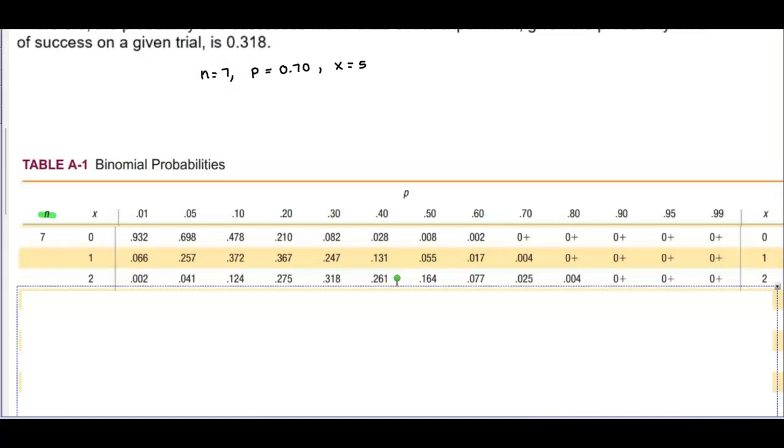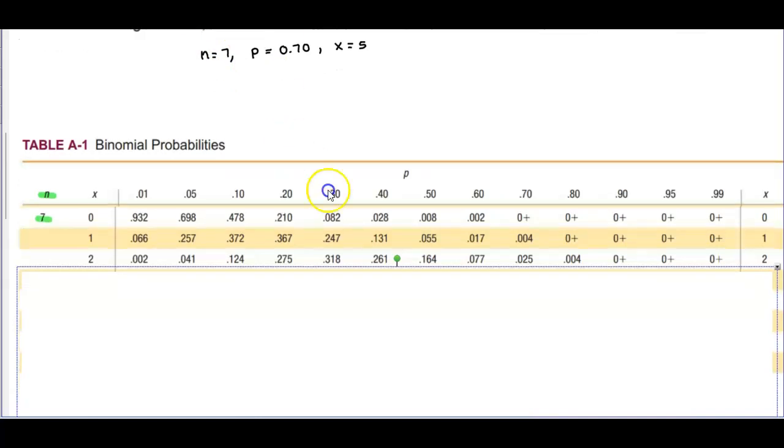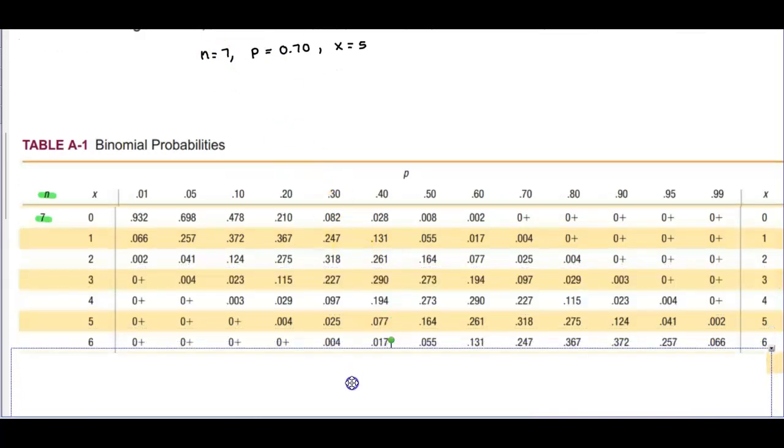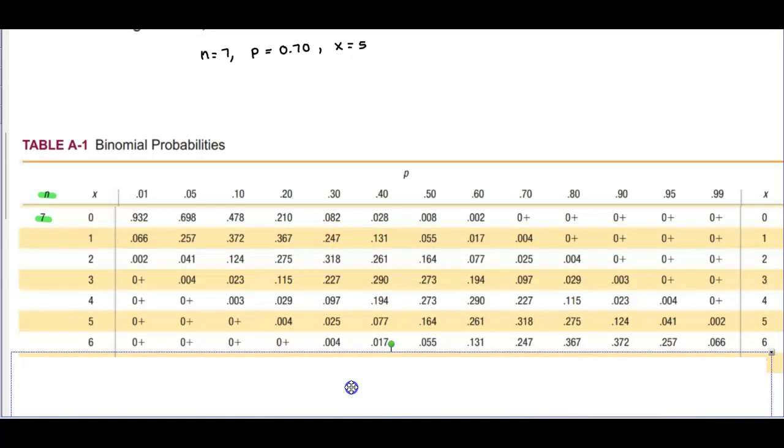And then we also need to locate where x is 5. So there's where x is 5. And then we need to look for the probability of 0.70, which is here. So if we meet here and then there, you will see that we also get the probability of 0.318 using the binomial probability table.